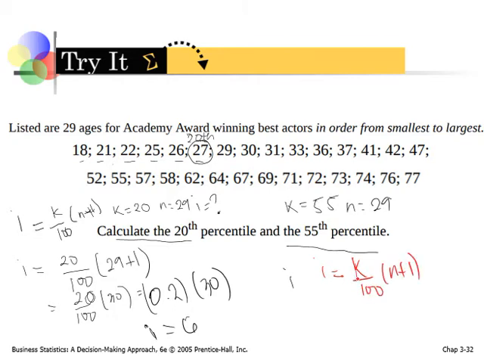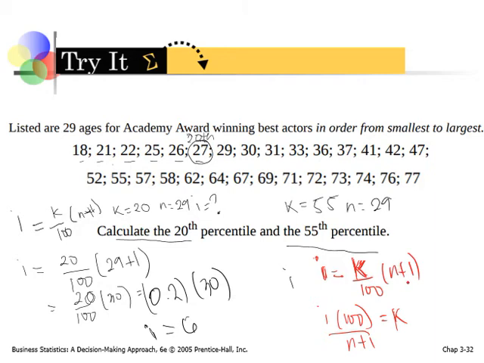Now, for example, if you are given an index but no percentile, you can rearrange the formula. So it becomes I times 100 over n plus 1 is equal to k.